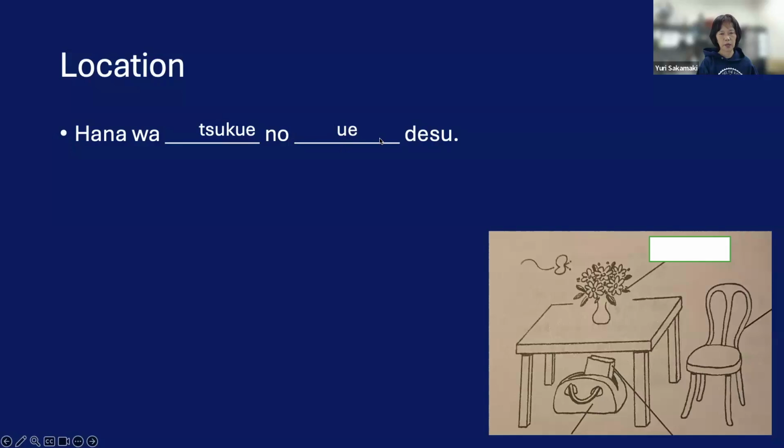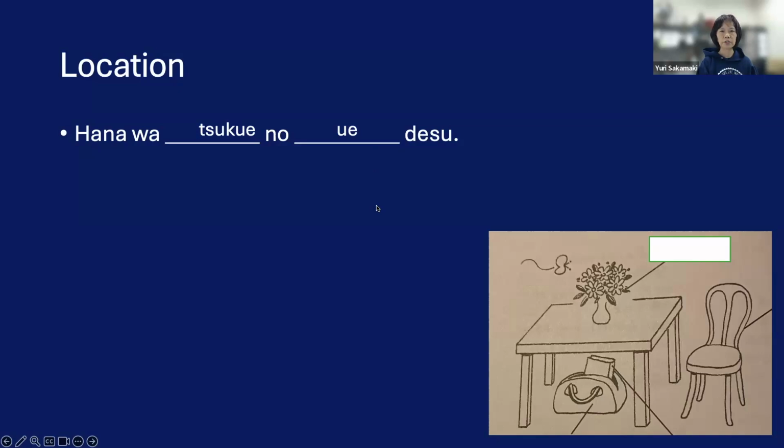So instead of saying on top of the desk, you're going to say tsukue no ue. It's desk's top. Because you can say ue, but then there are many kinds of ue. Is it on the table? Is it on the desk? Is it on the chair? So you're specifying ue using tsukue no. So it's desk's top. So this will be the pattern when you use location words.